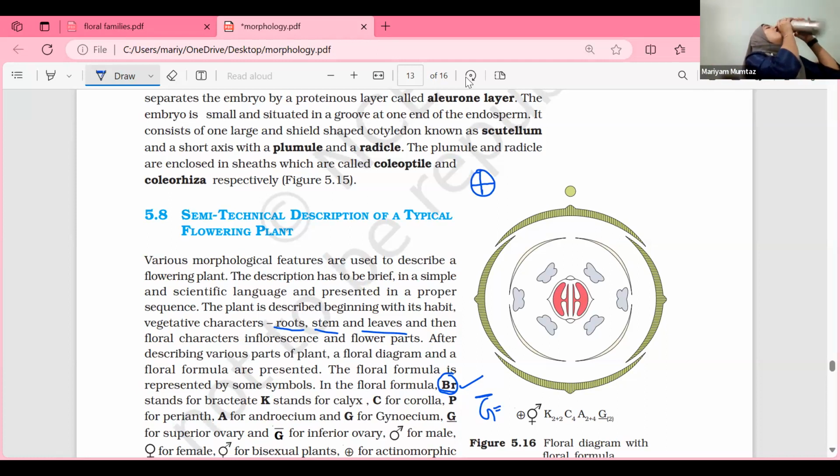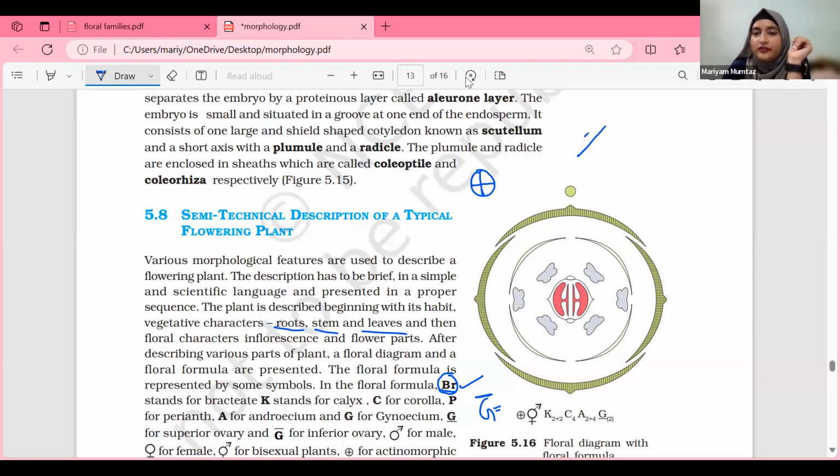All right. So that is for actinomorphic, a circle with a crisscross. And now what was bilateral symmetry in plants called? Zygomorphic.